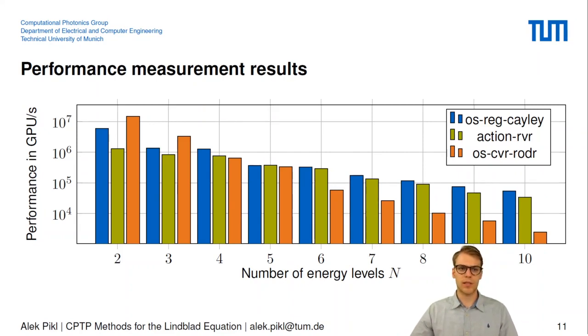The blue one is operator splitting, regular representation with Cayley approximation. In green, you see the action method and the real value representation. And in the orange one, you can see the operator splitting CVR, coherence vector representation, with the Rodriguez method for the matrix exponential.